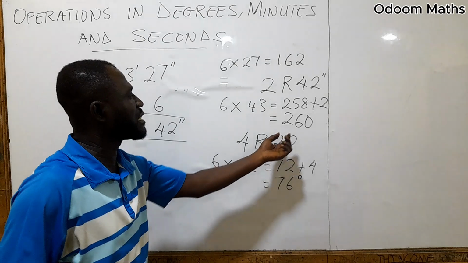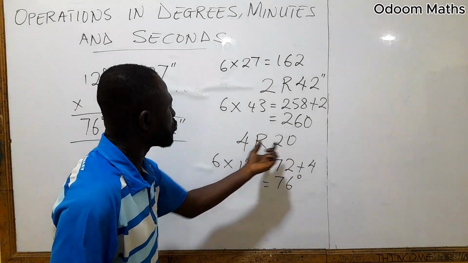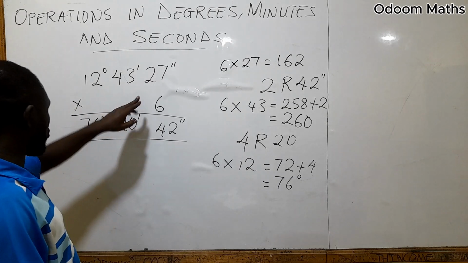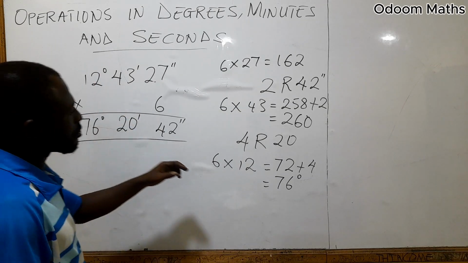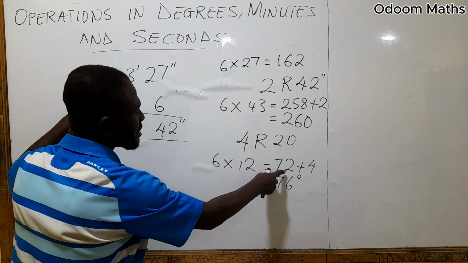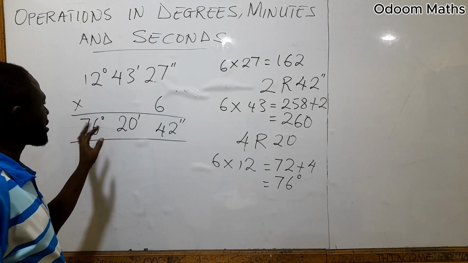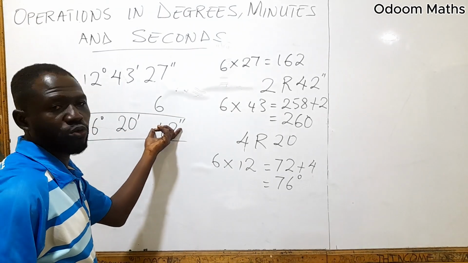So how many 60s are in 260? 4, remainder 20. This 4 will go to the next column. Before then, we multiply 6 and 12, which is 72, then plus 4, which is 76. So 76 degrees, 20 minutes, 42 seconds.